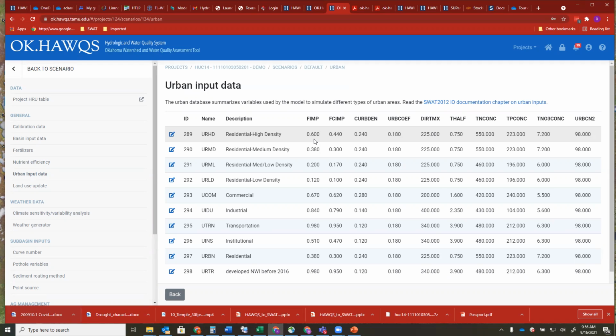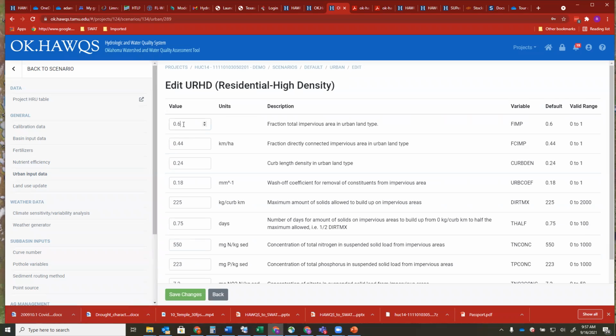Okay, if that's not correct for the watershed that you're modeling, you can simply come here, select it, and change this to, no, it's more like 0.8. I'm in New York or Austin or some big city, so it should be more like 0.8. You can change that and save it so that when you run the model, 80% of the hydrology will be generated from the concrete surfaces and 20% from the open surfaces.